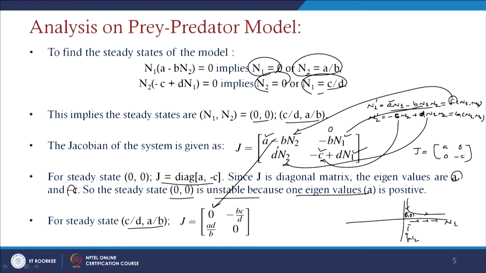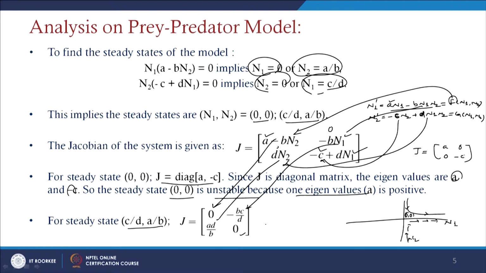Similarly, if I put n1 equals c by d, I have this value minus b into c by d. And if I put n2 as a by b, I have d into a by b, and if I put n1 equals c by d, then minus c cancels it out. So this provides 0 value for this term.